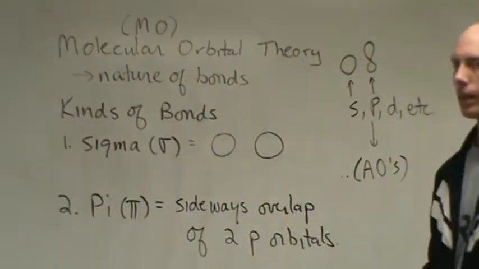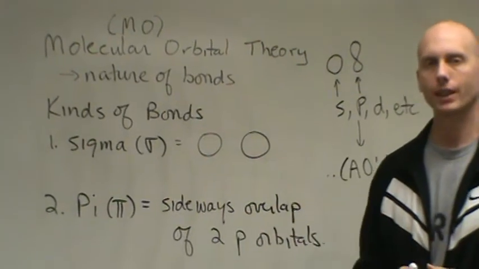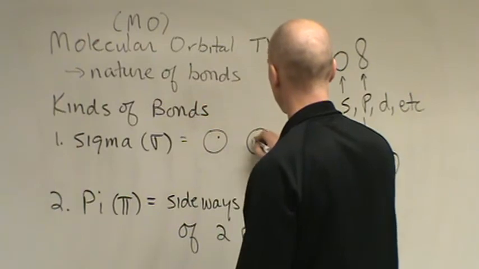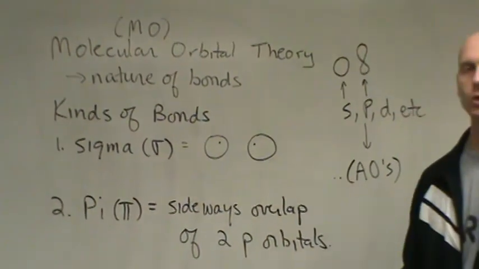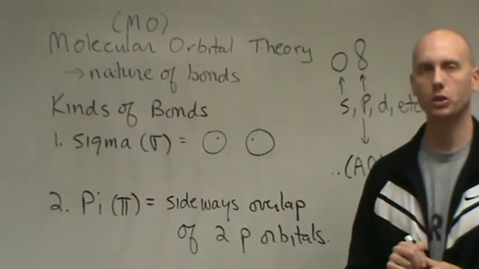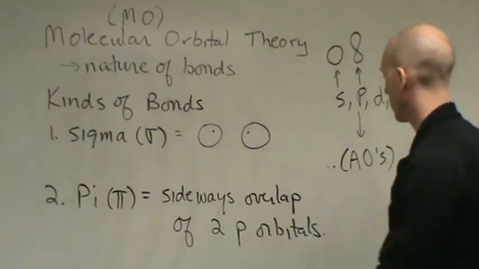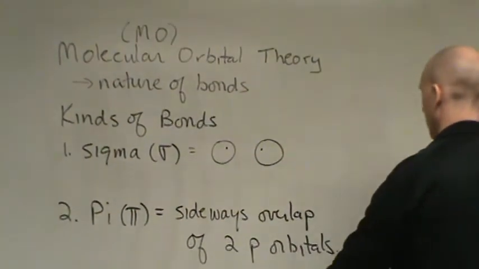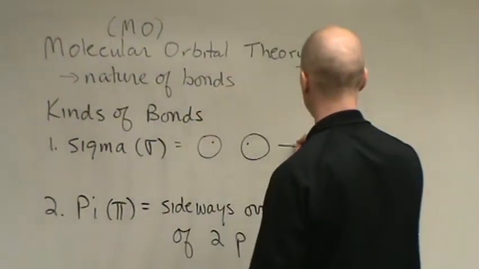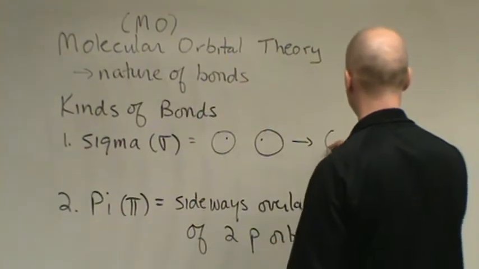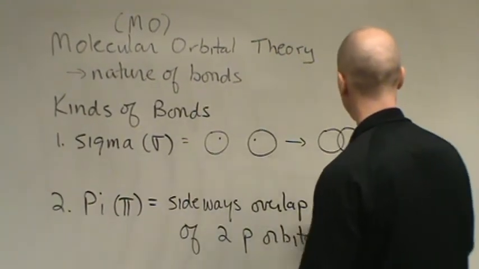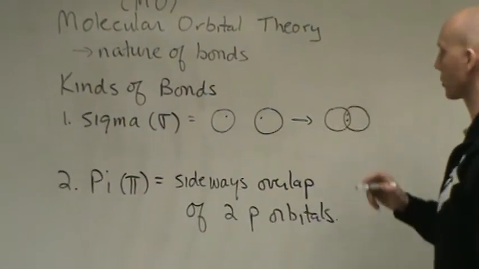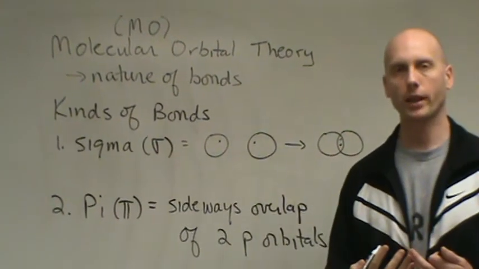Okay, and remember when we draw these s orbitals that there is one electron swimming inside of these orbitals, so let's just draw it by a dot. Well, when these two atomic orbitals get close enough together, they can overlap, and in the overlap region, the two electrons are shared.